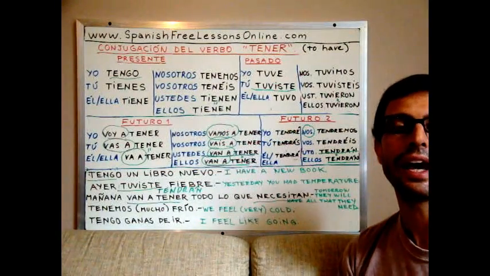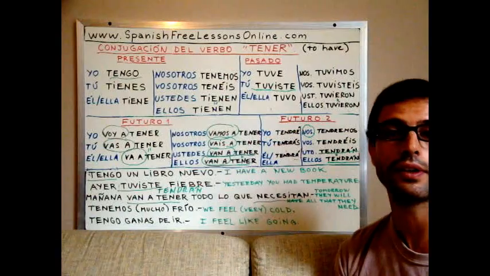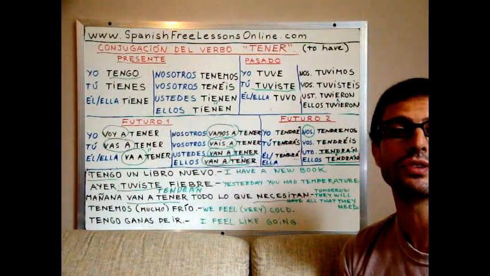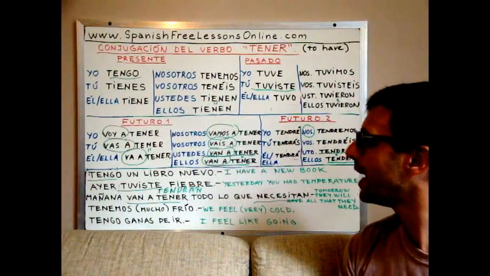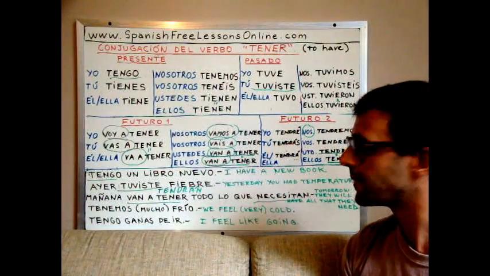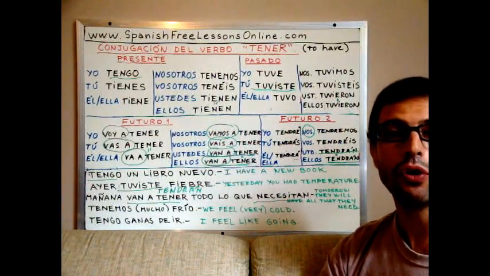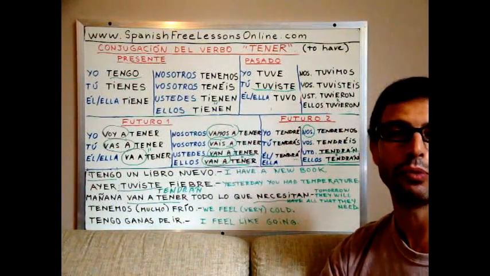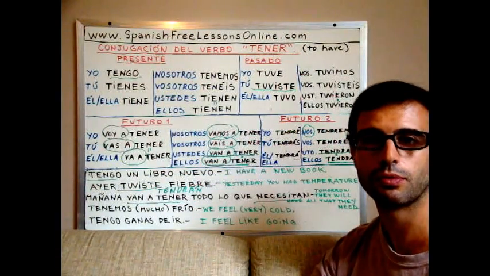We say I have cold or I have hot or warm, yes? That's how we would say it in Spanish, referring to the sensation of cold, right? And also, we would say, I feel like going. We would say, tengo ganas de ir, right? It would be like, I have the desire to go, yes?